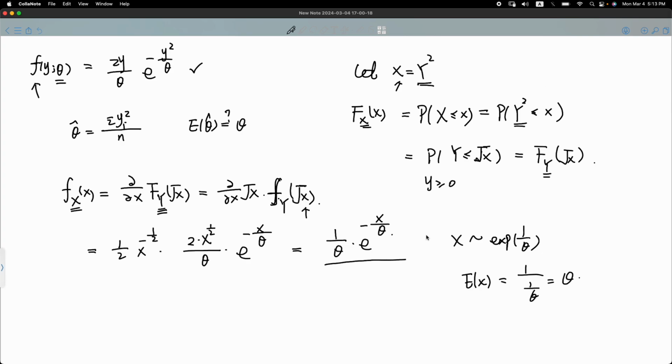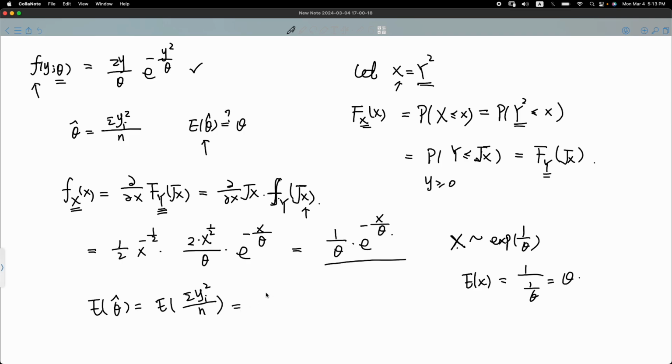Once we have the distribution for X, now we can go back to our original question, the expectation of theta hat. So E of theta hat is the expectation of the summation of Yi squared over n.